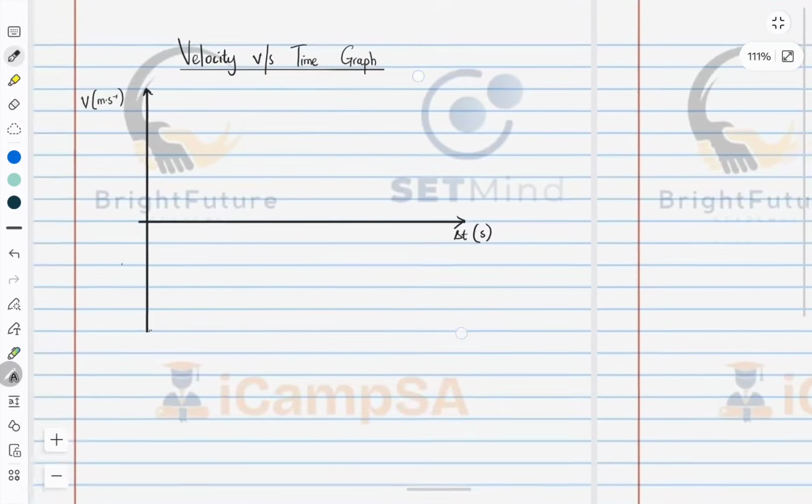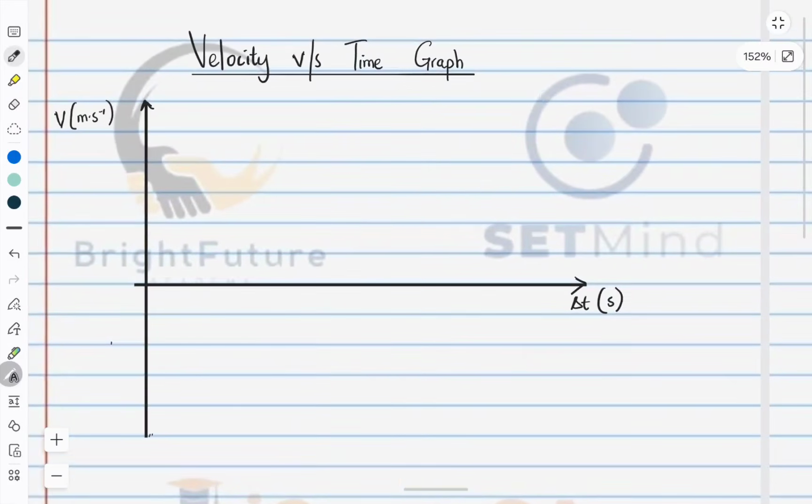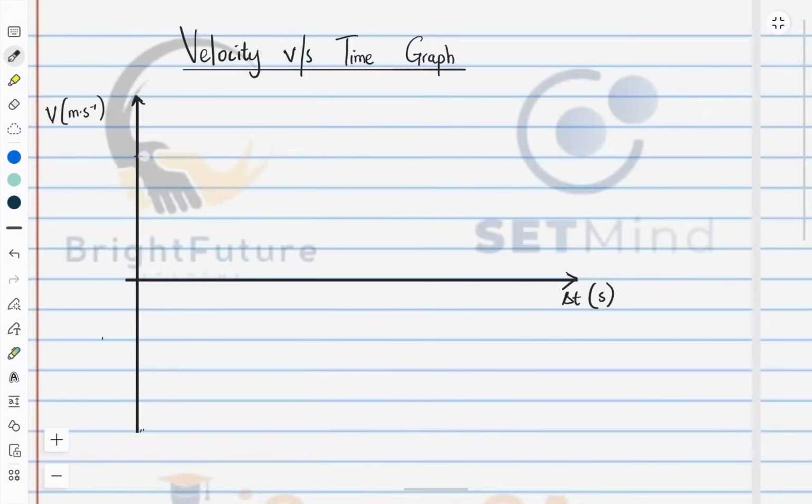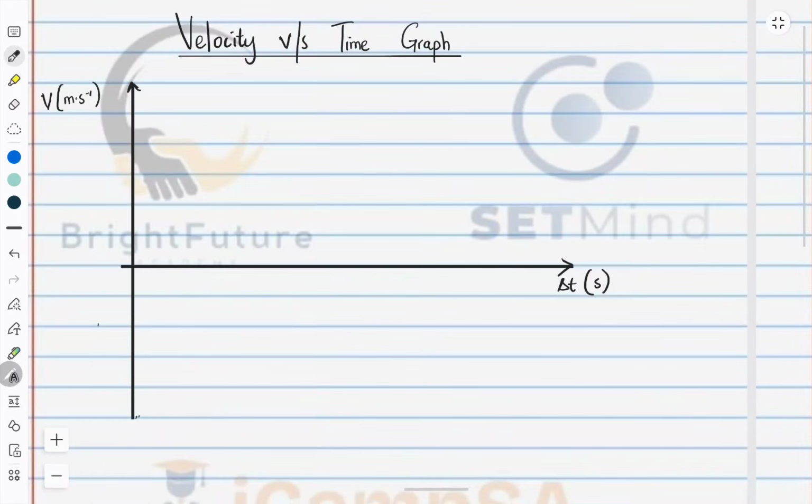All right, so for the helicopter and the stone, they both start at 8 meters per second. So we're going to put 8 here. Since we chose up as positive, it's fine. The 8 will be on the positive side of the y-axis, which our y-axis is the velocity axis.